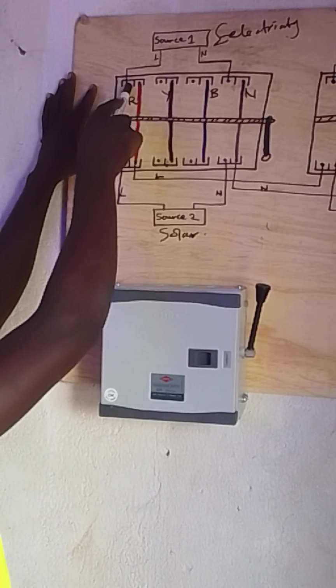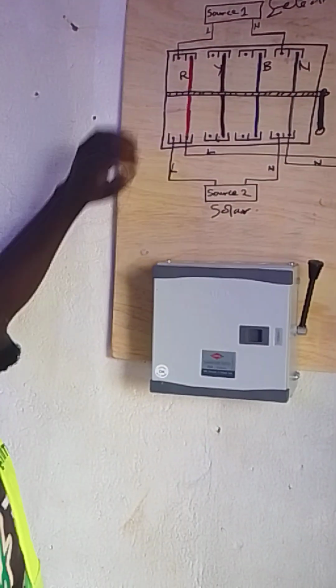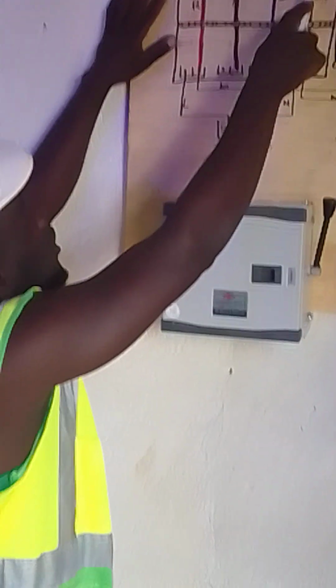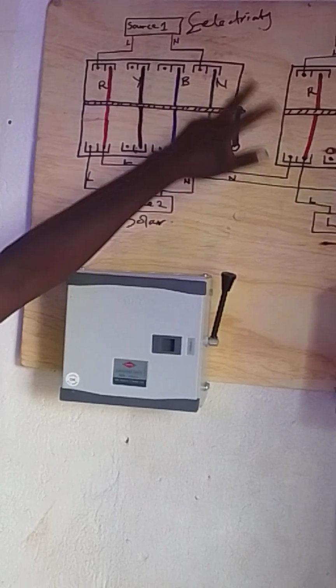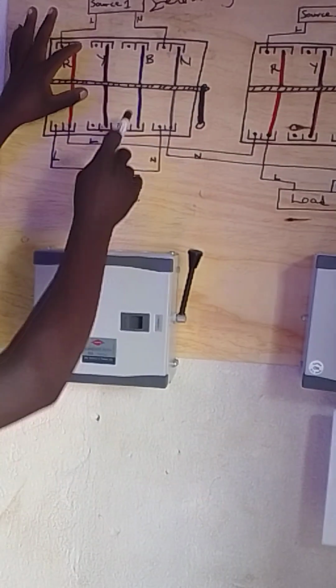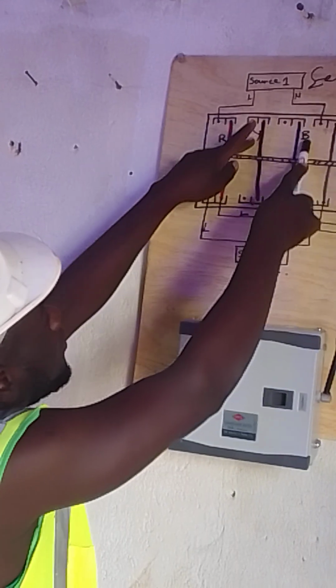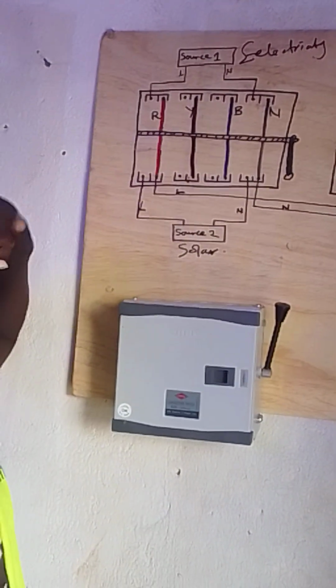We come to the input terminal of the changeover. Then your neutral will come straight to the input terminal of the changeover. If you see this one very well, we have left the yellow and blue because we are connecting only the single phase.